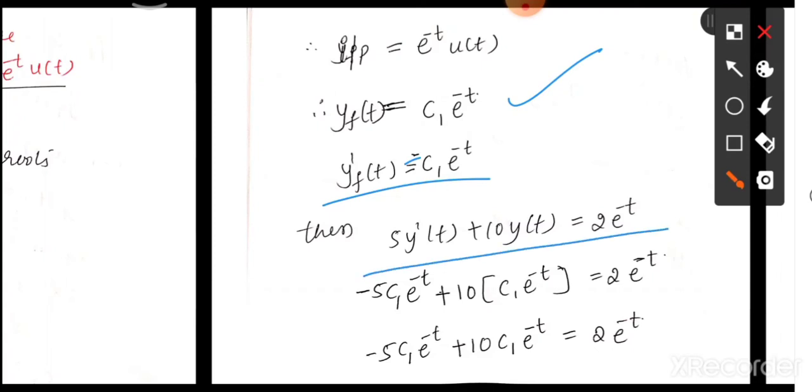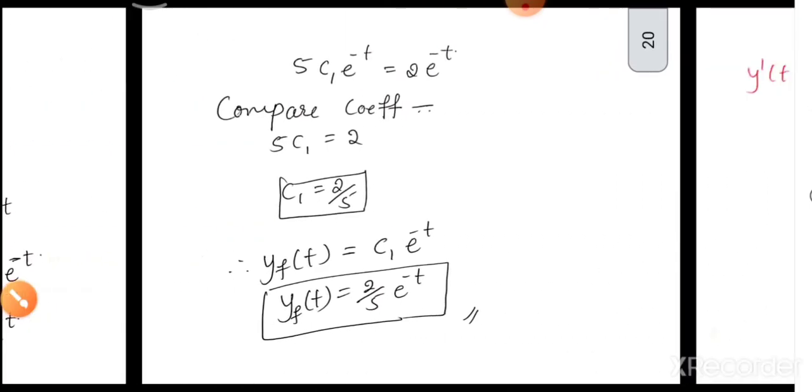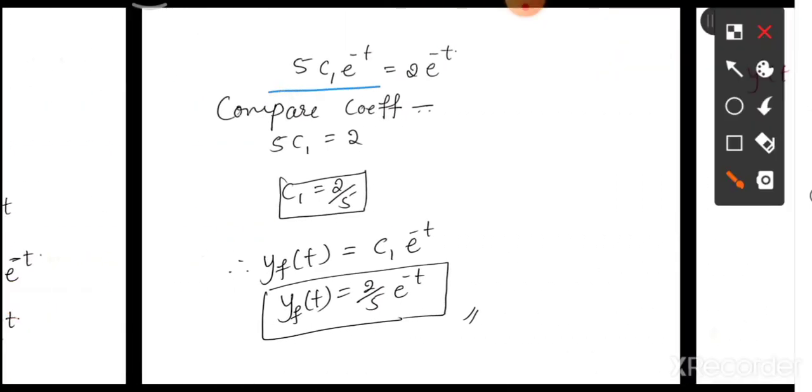Substitute in the first equation, 5 y'(t) + 10 y(t) = 2 e^(-t). Since y' is minus c1, it is minus 5 c1 e^(-t), plus 10 y(t), which is 10 c1 e^(-t), equal to 2 e^(-t). Simplifying, minus 5 plus 10 gives 5 c1 e^(-t) equal to 2 e^(-t).